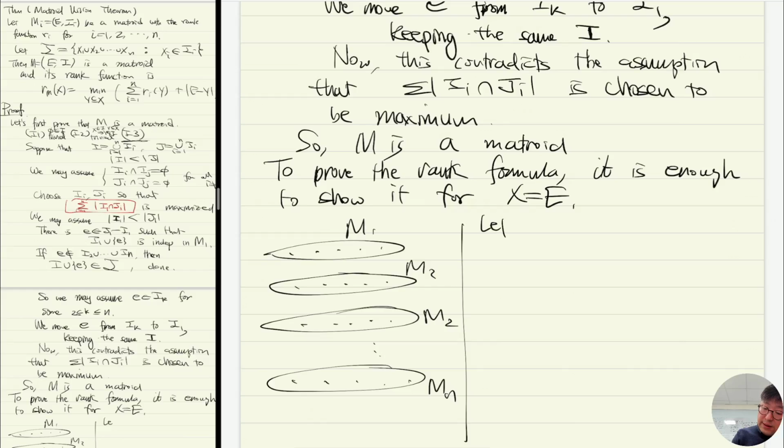Right, so let E prime be E times {1, 2, ..., n}. So now we have n copies of the ground set.